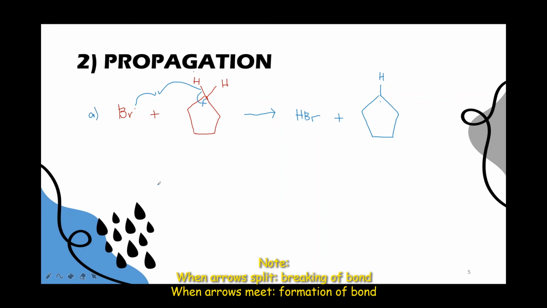The second part in the propagation step, just copy the free radical of carbon you got from the first part. So lukis balik je lah. It will react with a bromine molecule.